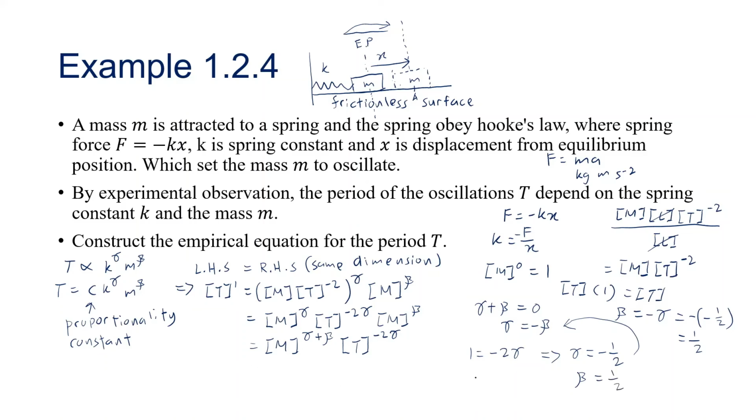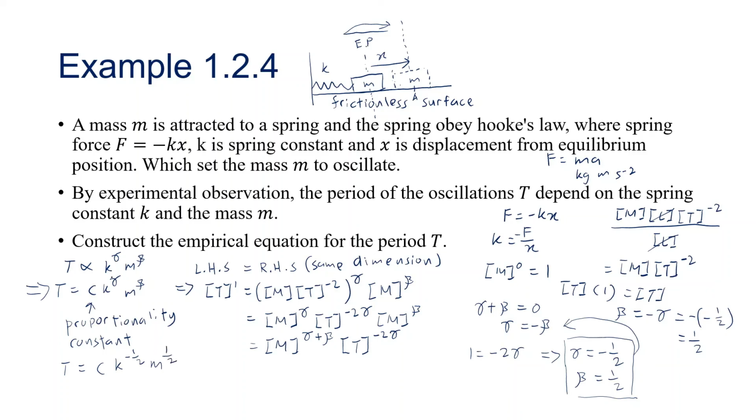We take these two results, which are important, and substitute them back into the equation here. We get T equals C k to the power of minus 1 over 2 and m to the power of 1 over 2.